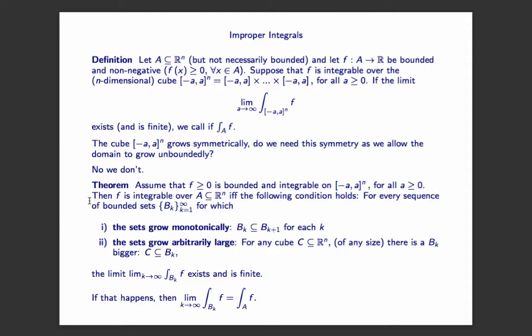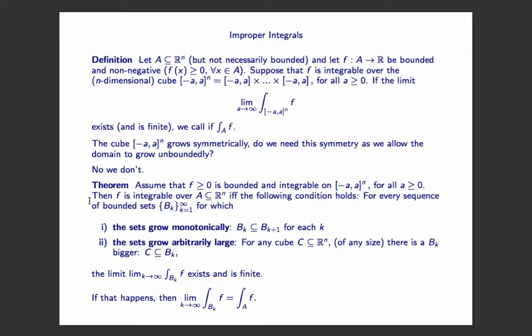So if I have such a sequence of bounded sets, and the limit as k goes to infinity of the integral of f over B_k exists and is finite, then that limit equals the integral of f over R^n.